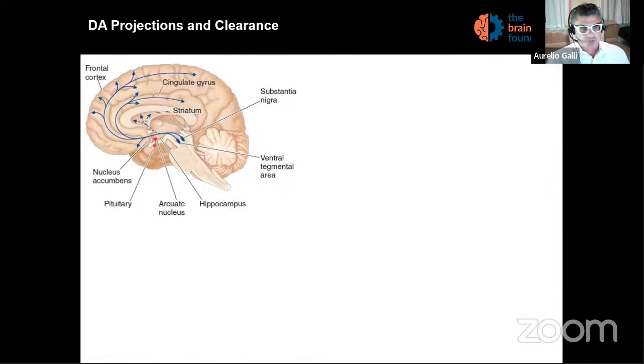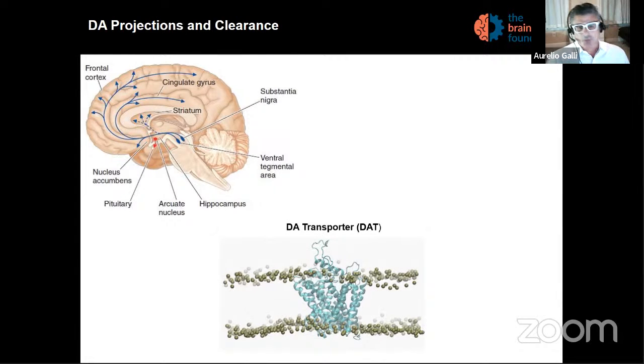So just for giggles, there are two main dopaminergic projections. One is from the nigra to the striatum, and the other is from the ventral tegmental area to the nucleus accumbens and prefrontal cortex. What is important for this presentation is that the dopamine transporter is the main protein clearing the extracellular dopamine level once dopamine has been released.